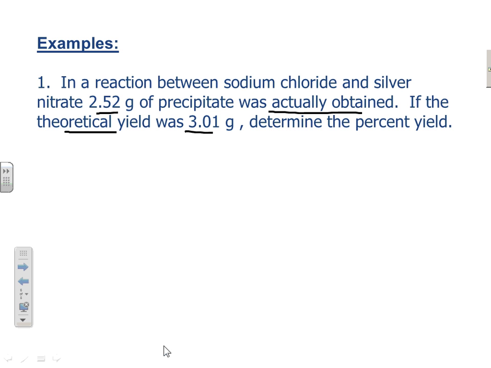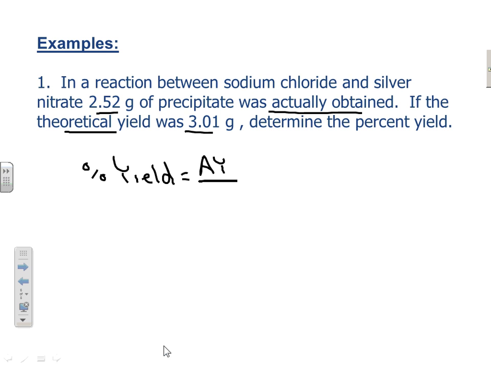So what we're doing here is just the percentage. It's like we're doing the how well did we do on the test. Percent yield: what did I get on the test? How could I have done if I did it theoretically perfectly? Actual over theoretical.